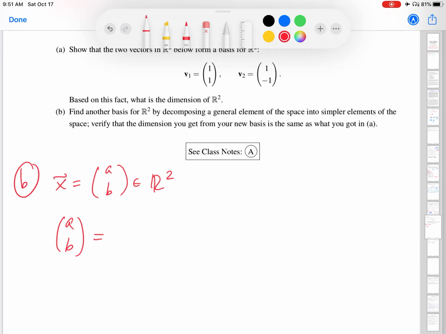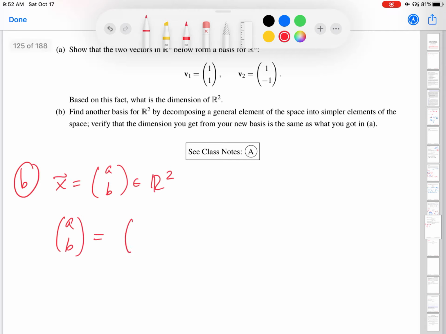It might take a while for you to think about how to do this, and this is the first example in this lesson, so it's intended to help you develop this skill. But if you think about this for a while, what is this vector? It says go A units in the x direction and then go B units in the y direction.